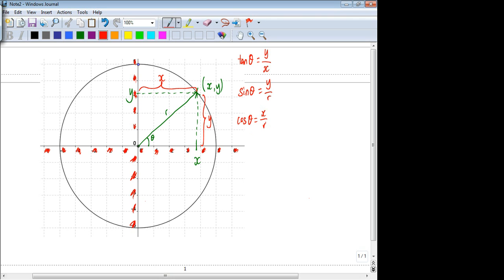By the way, just by the way only, this triangle over here, what is the relationship between X, Y, and R? What do you think is the relationship between these three letters? Can we form an equation with X, Y, and R?